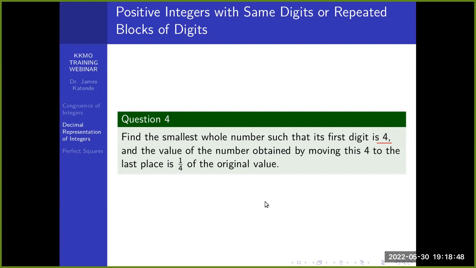If this is the number A, the value of the number obtained by moving 4 to the last place, I pick these digits, I interchange and put 4 at the last place. So if this second number is B, the claim is that B will be a quarter of the original number. So B should be a quarter of A. So the question is, can we find the smallest whole number that satisfies these conditions?